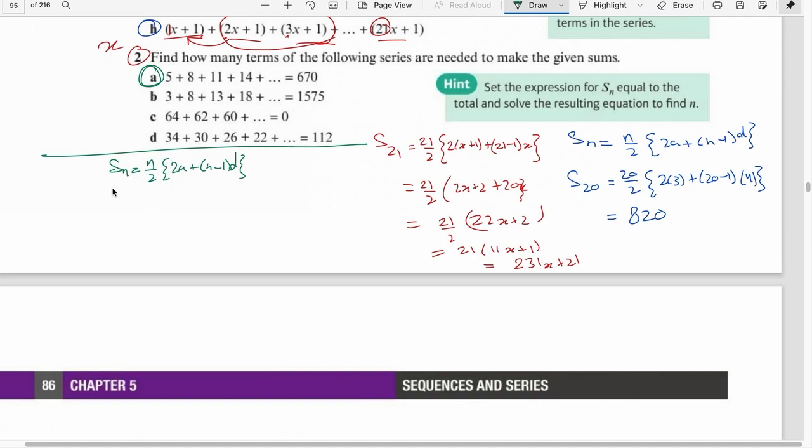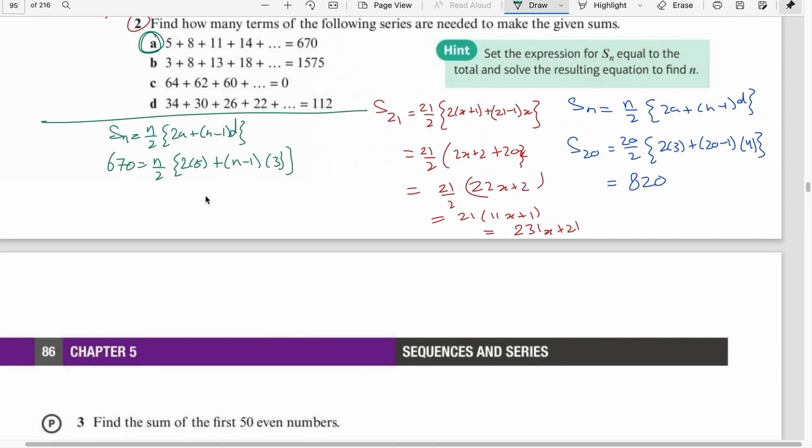The sum is 670, n is unknown, the first term is 5, plus n minus 1 and the difference is 3. We just have to simplify this, having known that we have only one unknown. 670 into 2 is giving me 1340.